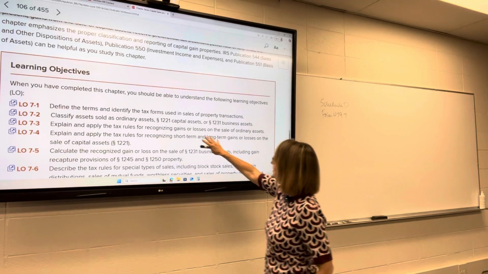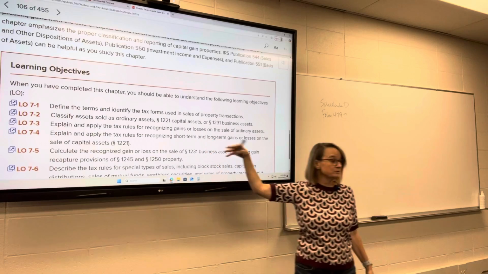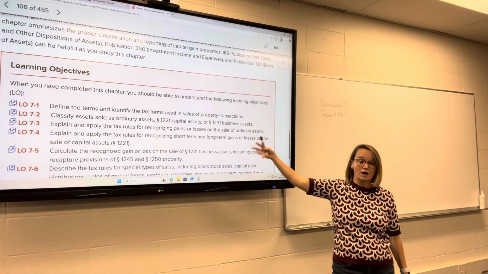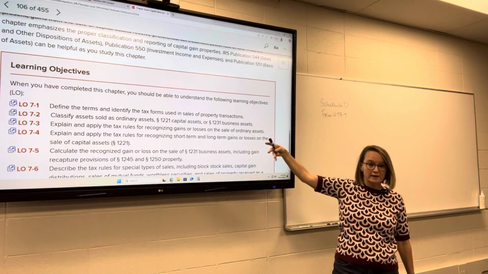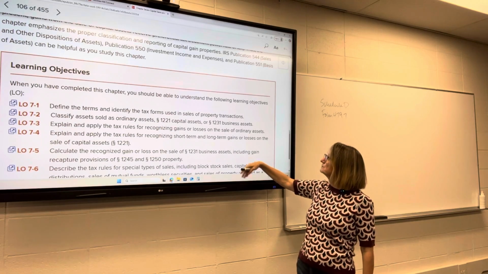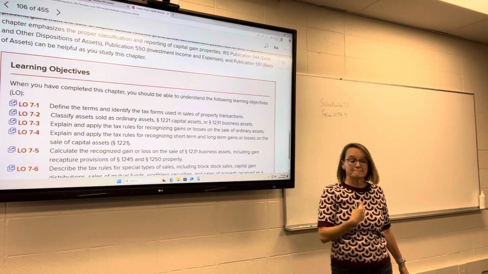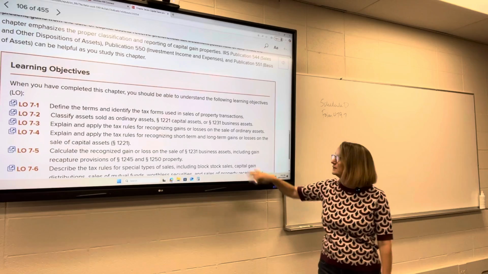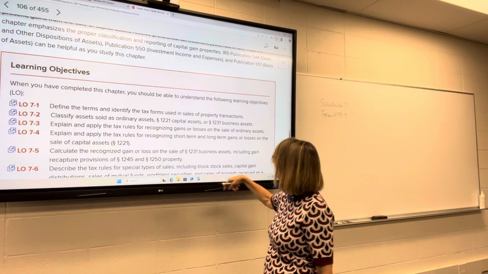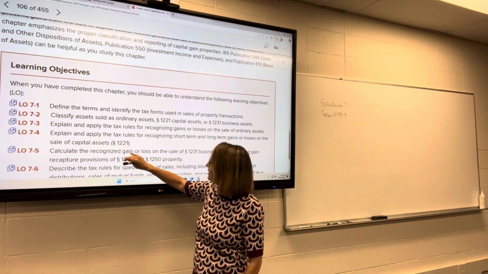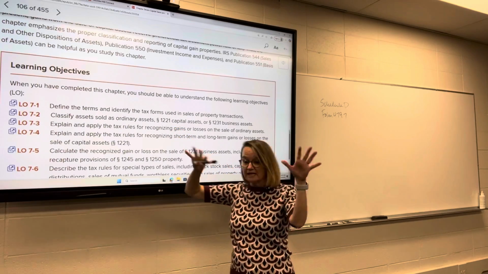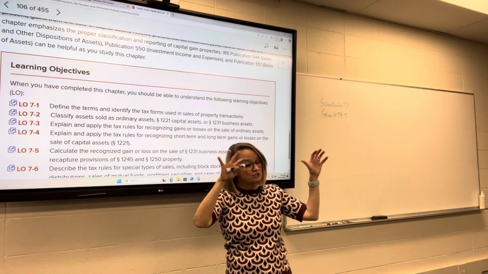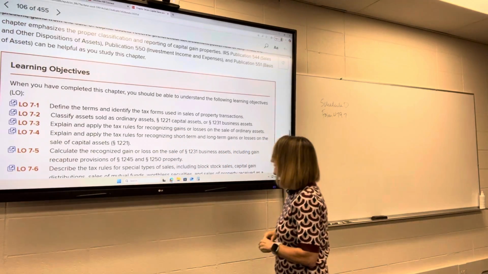So Section 1221, capital assets, means those capital assets are defined and talked about under Section 1221 of the Internal Revenue Code. 1231, business assets. So again, under Section 1231 of the Internal Revenue Code. So we're going to classify those, define what each of those types of assets is.